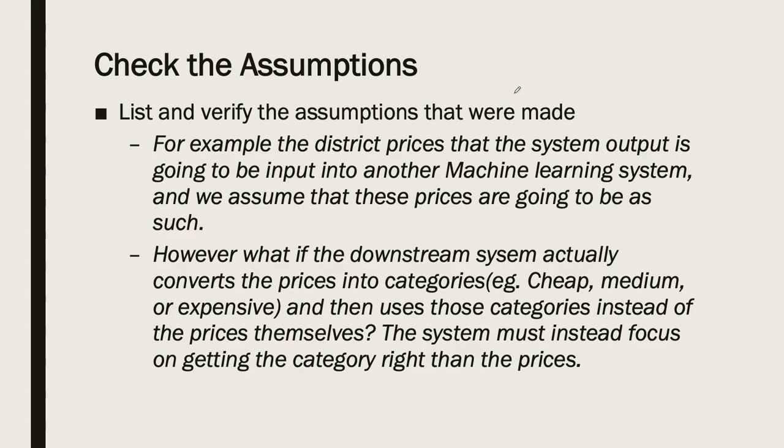If there are any assumptions, they need to be listed and then verified. For example, the district prices that the system outputs are going to be input into another learning system, and we assume that these prices are going to be as such. If they are going to be input into another learning system, that would also inform how the project is going to be undertaken.